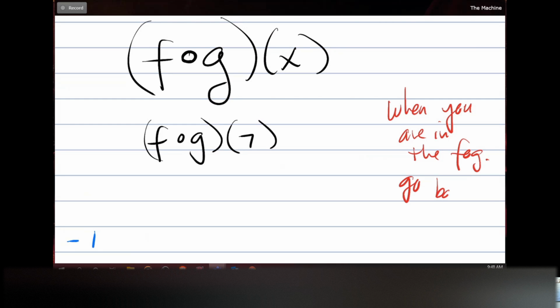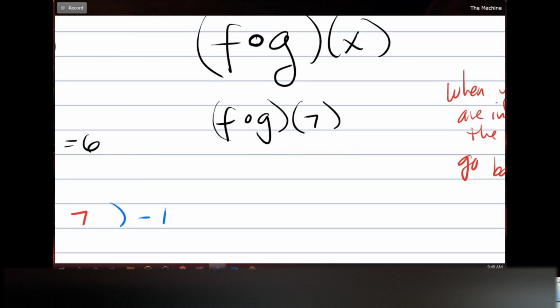Go backwards. Take 7 and put it into g. Put 7 into g. Go backwards. Take the 7, put it into the g. So you mean do the g of x? So g of 7 is equal to what? 2 times 7 minus 3.